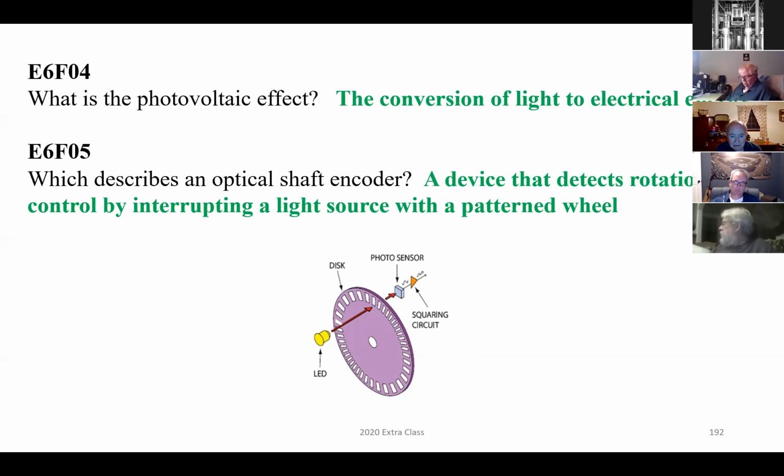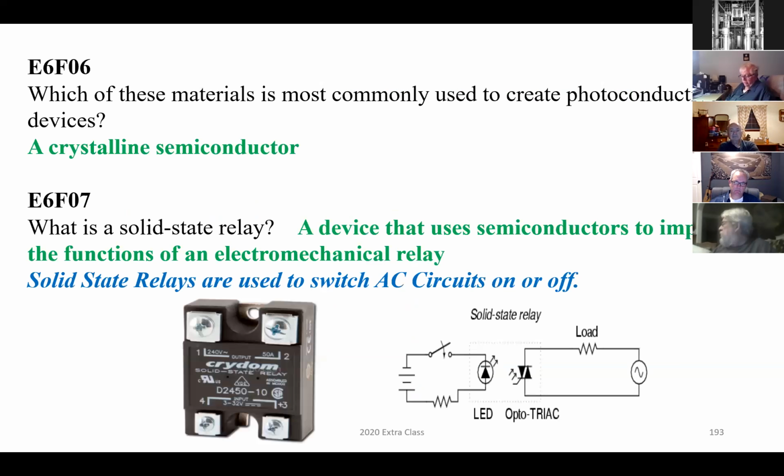You know, the tuning knobs on most HF radios have optical shaft encoders on them. That way they can spin freely, and you've got a counter in there that counts the number of times that the photo sensor goes on and off, and it knows which direction you're turning to whether to increase or decrease the frequency.